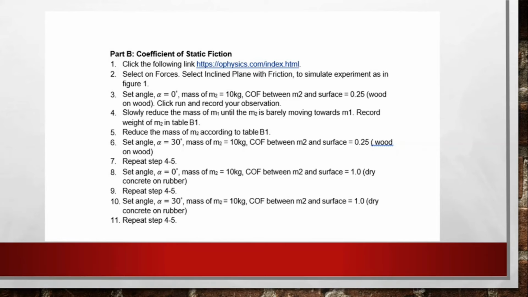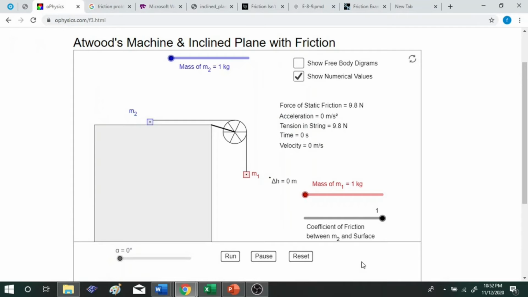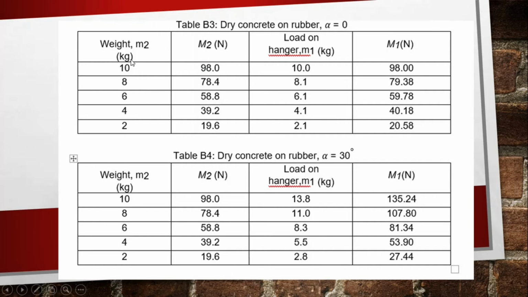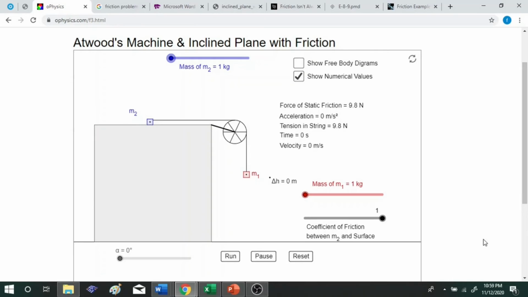Okay, for part B, firstly you need to click the following link that is given in the lab. After you open the link, you set the mass M2. For example, M2 is 2 kg, and you click show numerical value, and for the coefficient of friction you set 1.0.